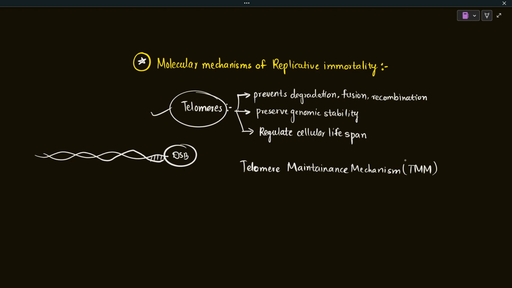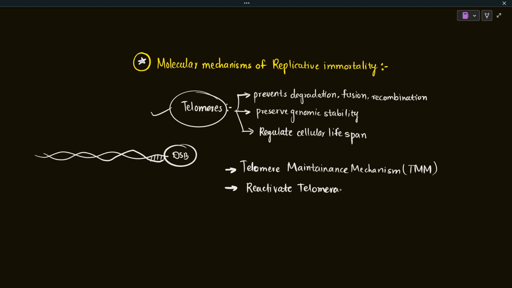These help in maintaining the telomere length, so the telomere would not become short. Cancer cells re-express telomerase, which is usually silenced in most cells. So they can reactivate or express the telomerase enzyme.